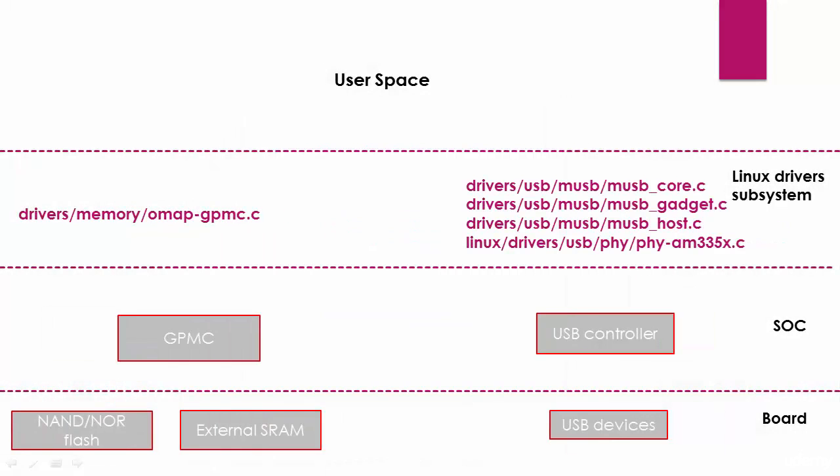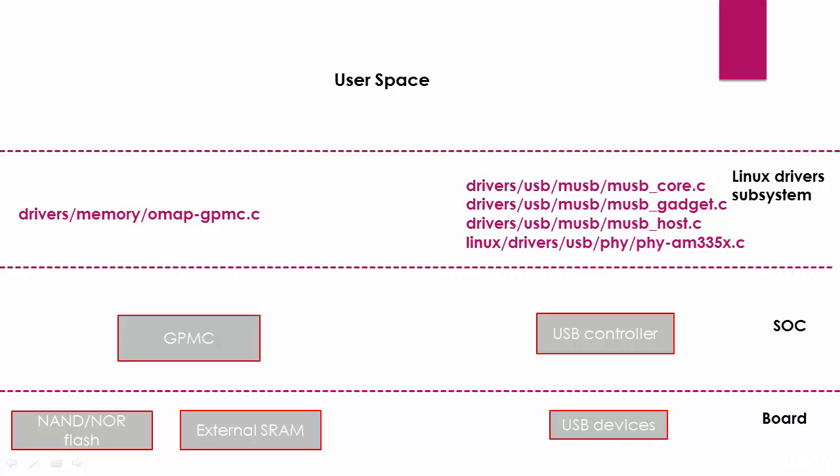Now, to enable the connection of external memory like NOR flash, NAND flash or external SRAM, the chip has the general purpose memory controller that we call GPMC.